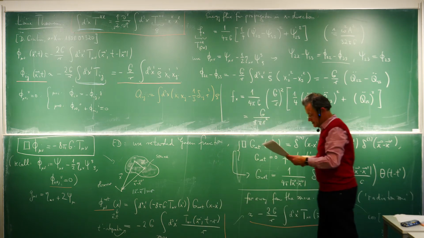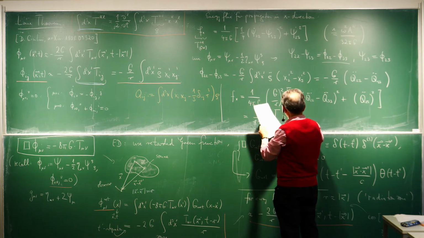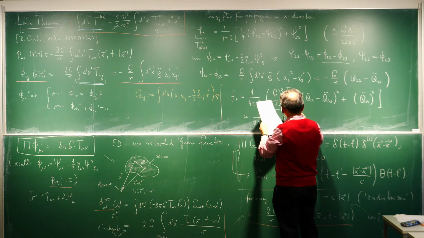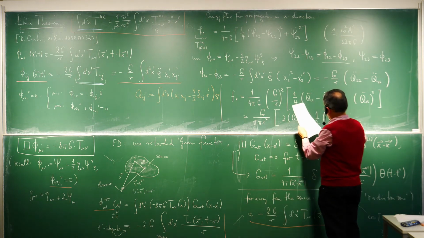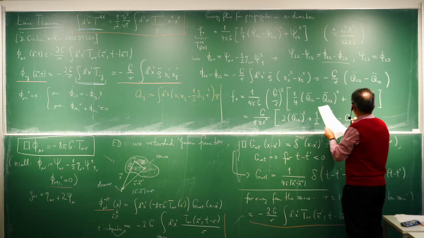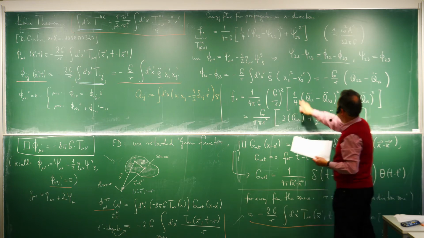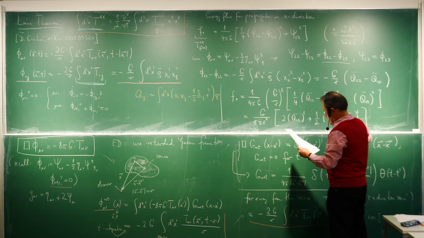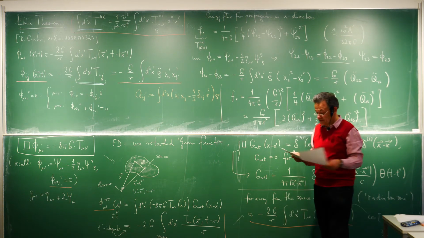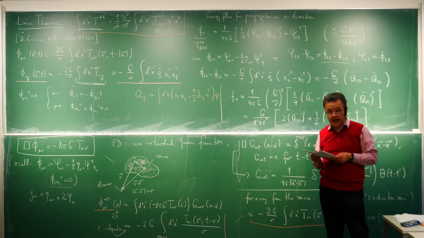So you have a 1 over r squared here in front, and you get here 2 q23 triple dot squared plus 1/2 (q22 triple dot minus q33 triple dot) squared. So this I have chosen for convenience, this factoring out of numbers. It's more convenient for what follows. So this is for a wave propagating in x direction.